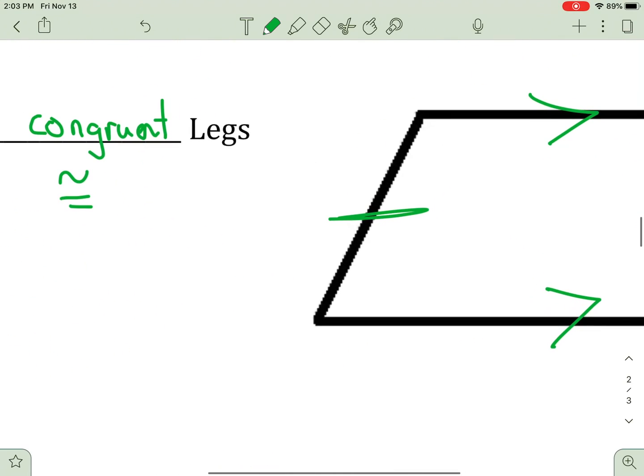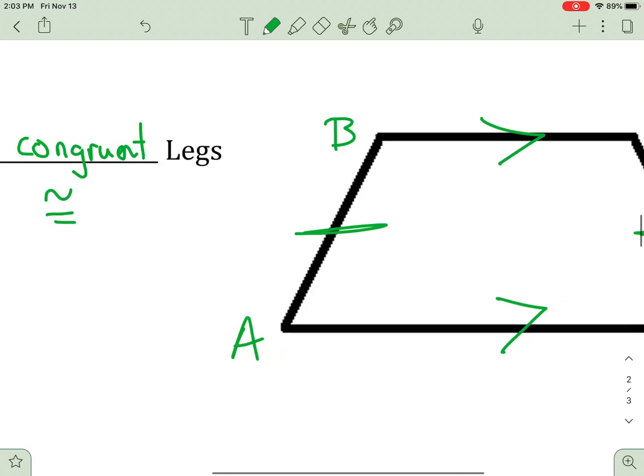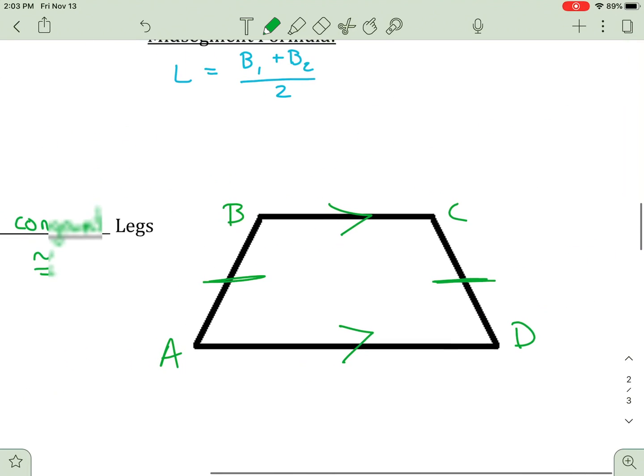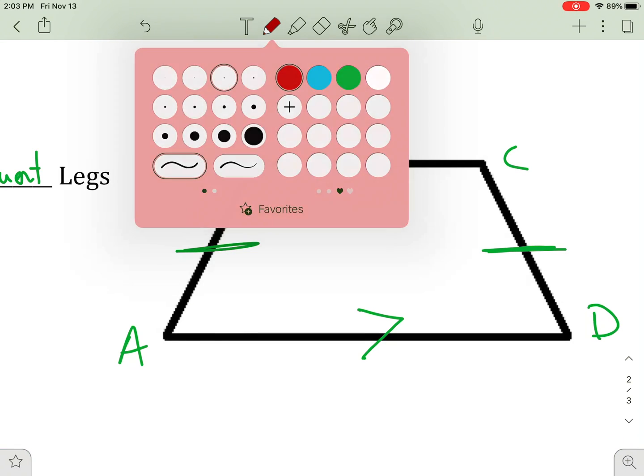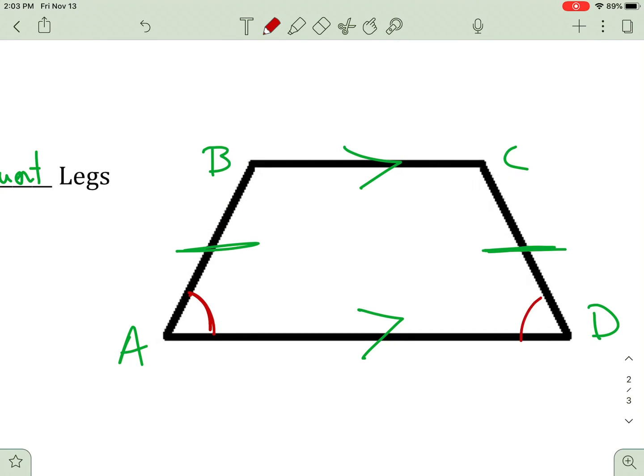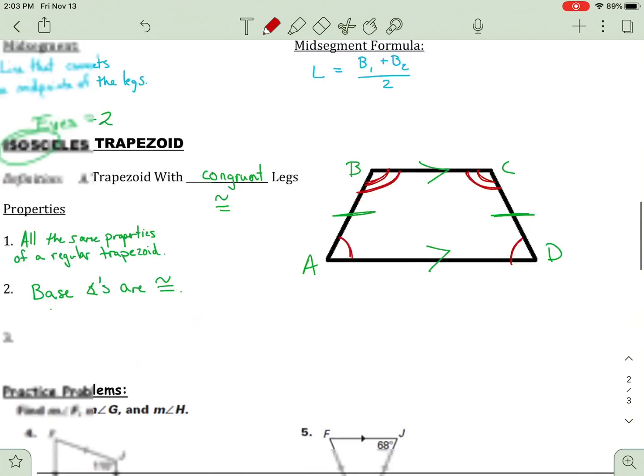So it means that, like, if this is A, B, C, D, then what we're saying is that these 2 are congruent and these 2 are congruent. Okay?